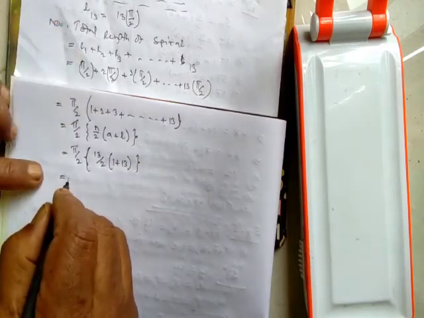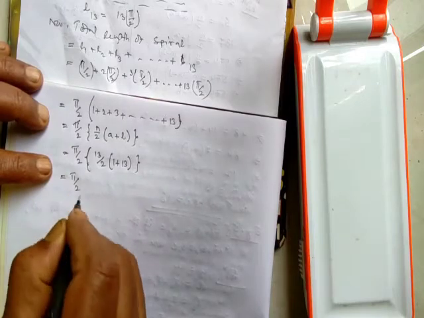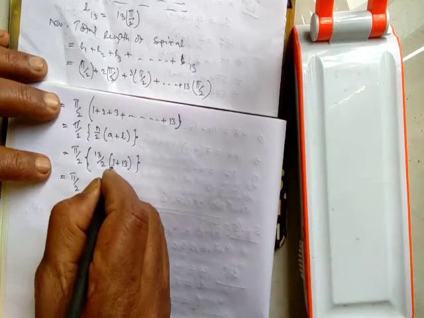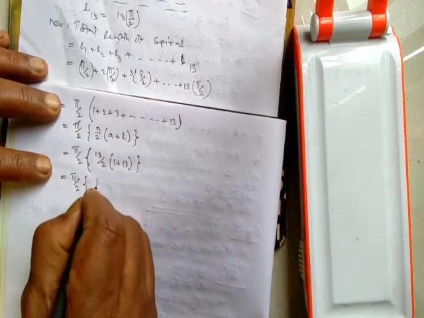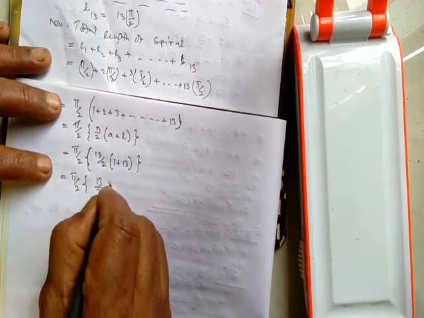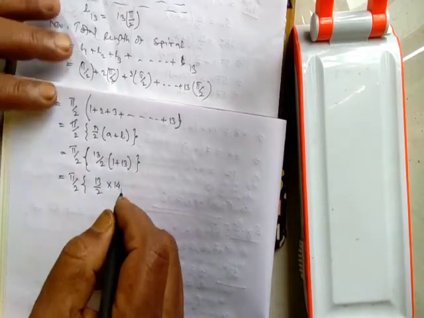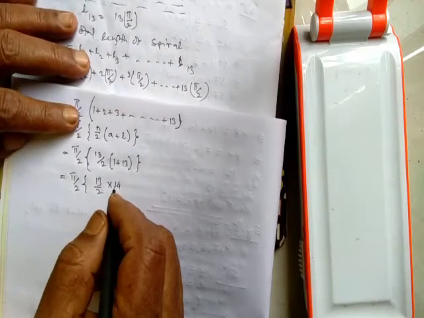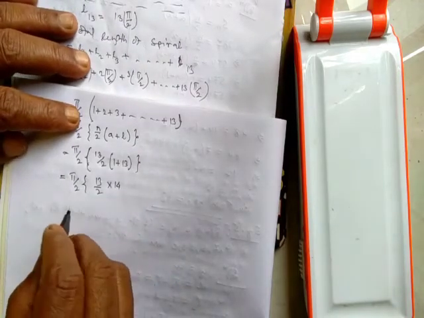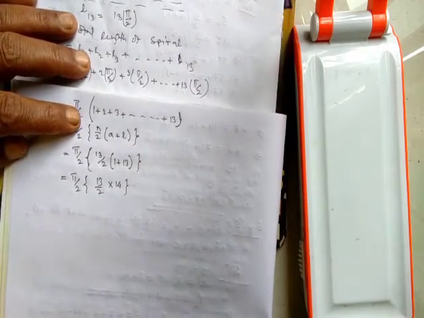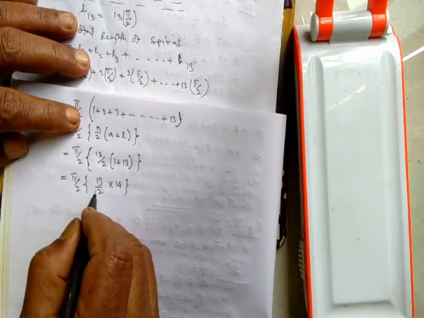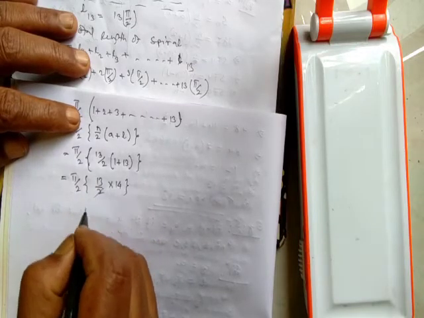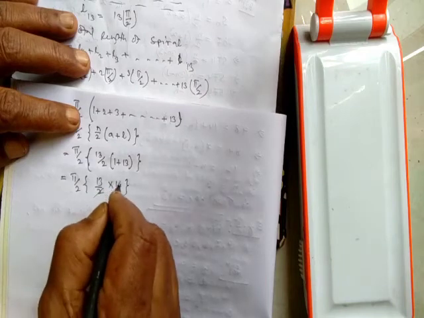This is equal to pi by 2 into 13 by 2 into 14. This I can cancel here.